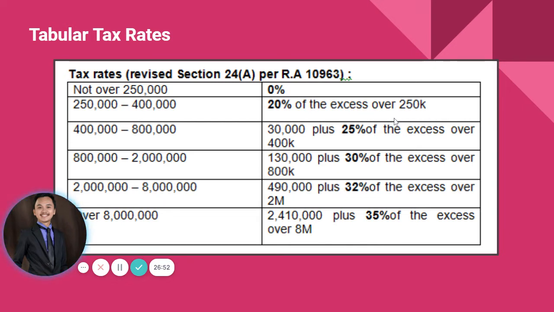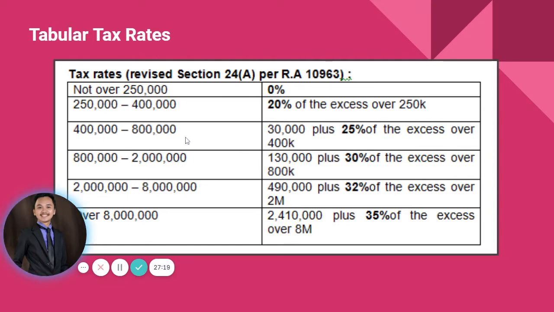Okay? For example, your taxable income is 300,000. To compute for your tax due, 300,000 belongs to 250 to 400, so 20% in excess of 250. How much is the excess, assuming that your taxable income is 300? 300 minus 250, then you have 50,000. 50,000 times 20%, then that will be your tax due.